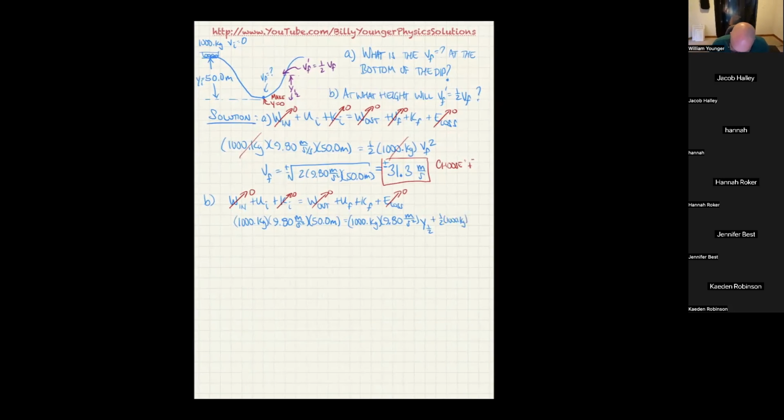kilograms. Now I'm going to take half of 31.3 and square that. Now, before I do all this, it'd be very smart for me to cancel out the 1,000 that happens everywhere and to multiply through by 2 both sides of the equation.